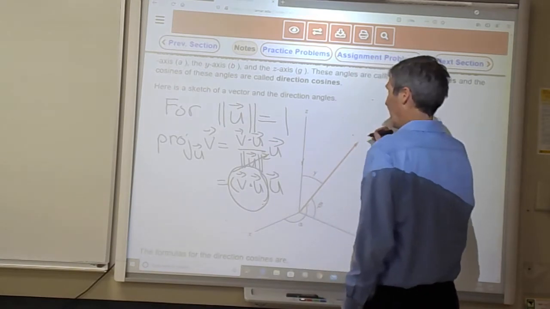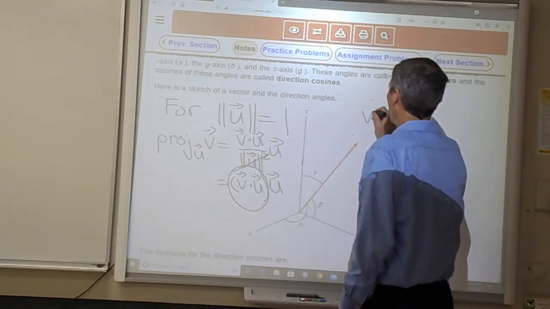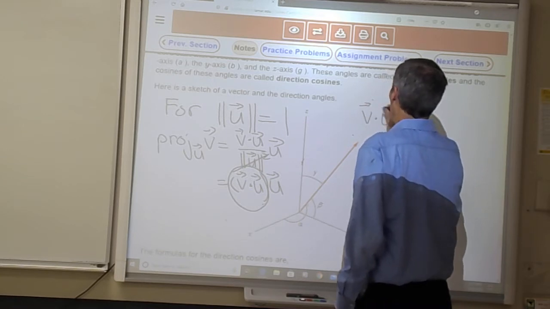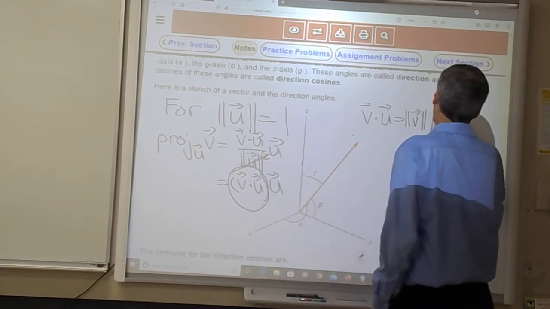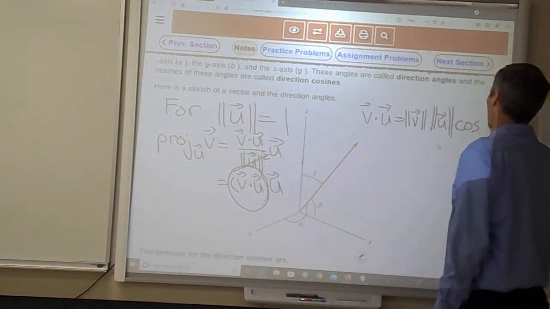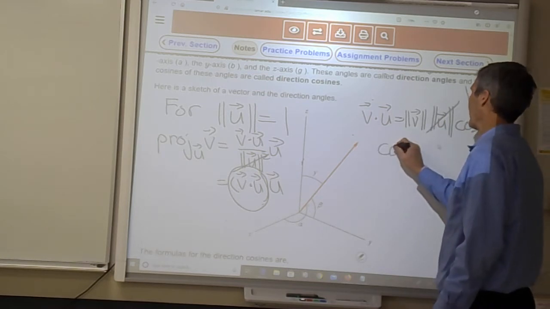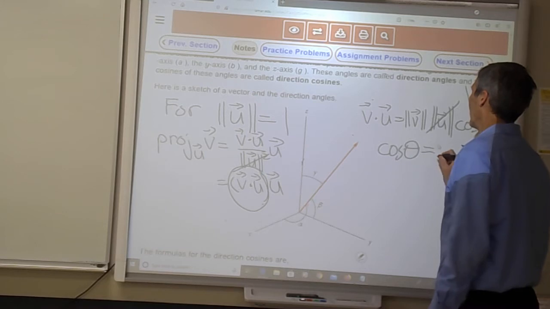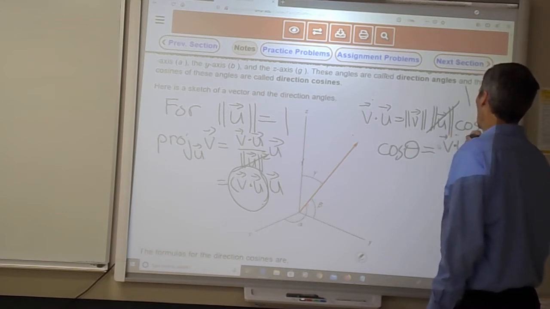We also have that v dot u is length of v, length of u, cosine of the angle between the two vectors. So if u is a unit vector, so if this is 1, we have that the cosine of the angle between v and a unit vector is just v dot u over the length of v.